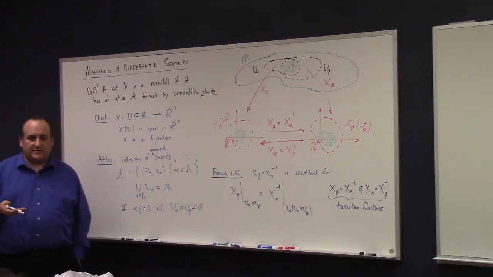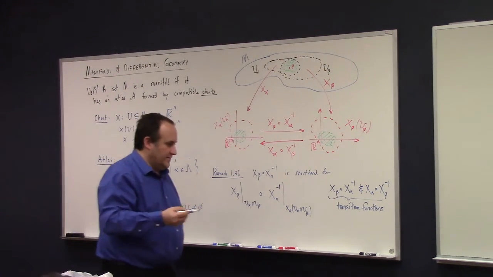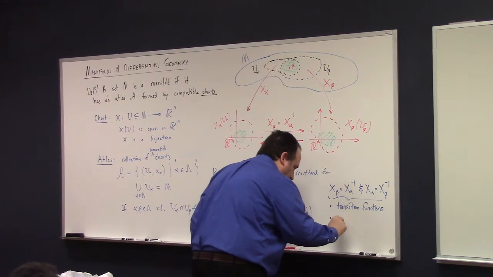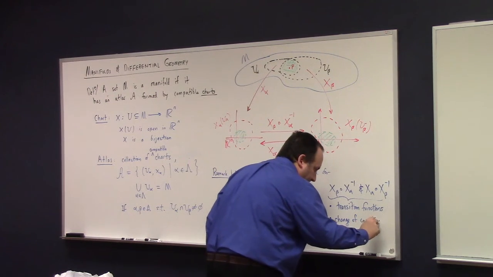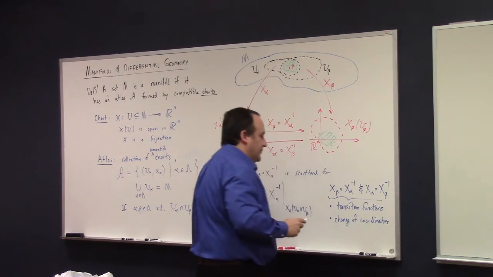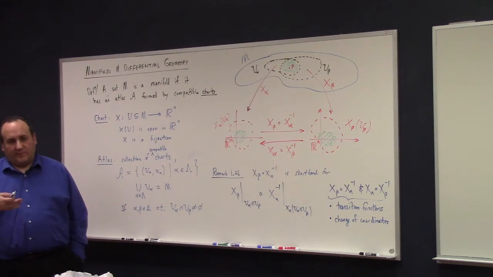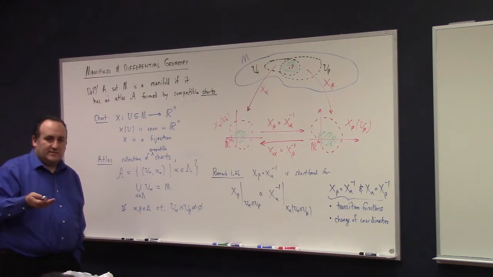They're change of coordinate maps. See, x alpha and x beta are two different choices of coordinates at that point P, right?